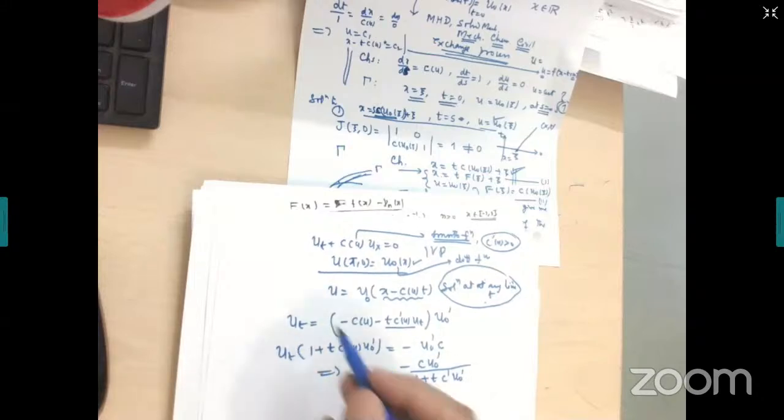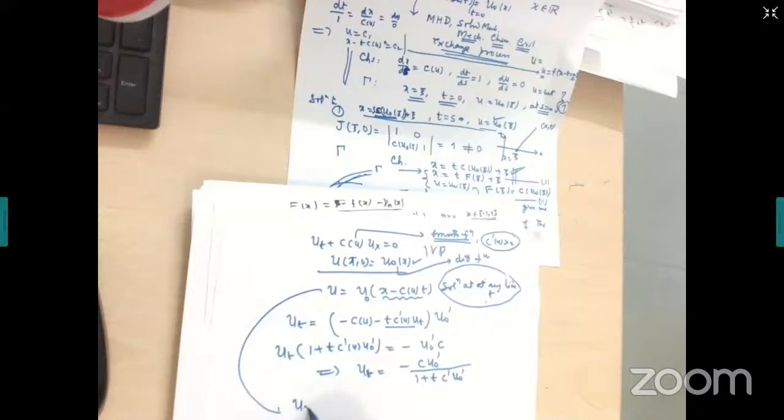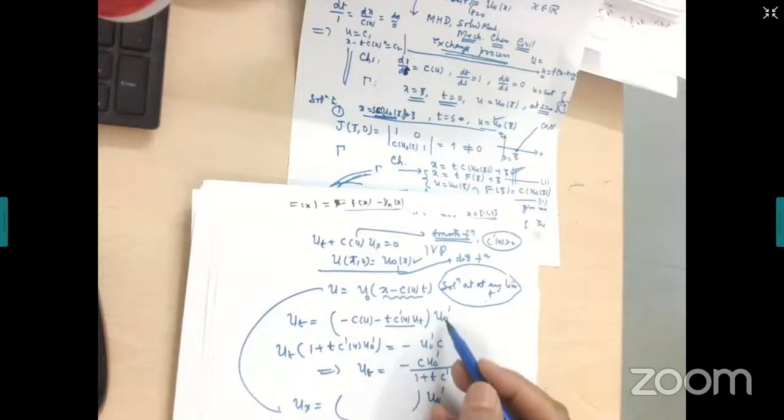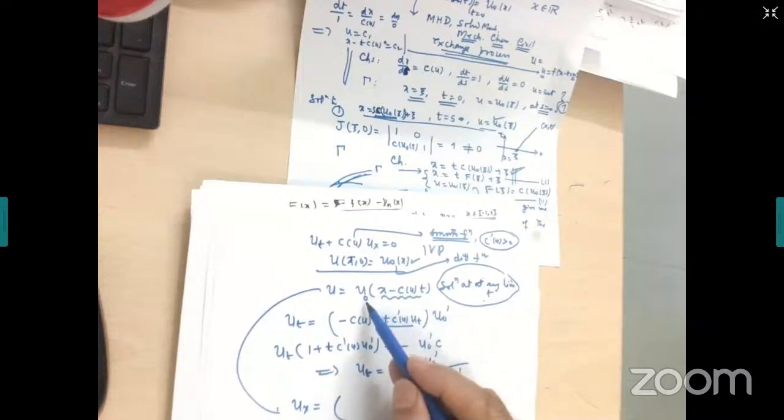Now similarly I can find u x, the partial derivative with respect to x. Here we are using the chain rule.